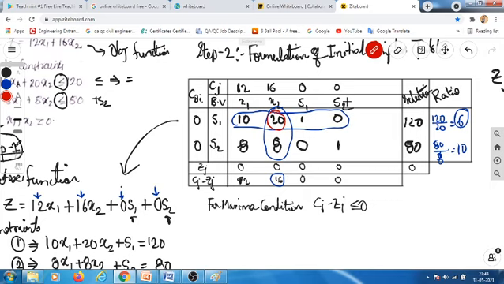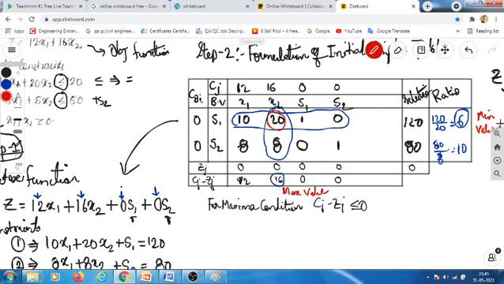In Cj minus Zj, here we select the maximum value. Here we select the minimum value. This difference you need to remember. Okay.